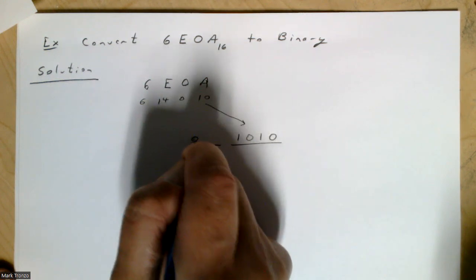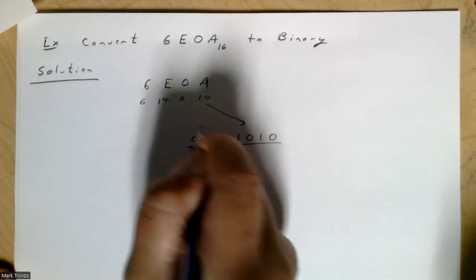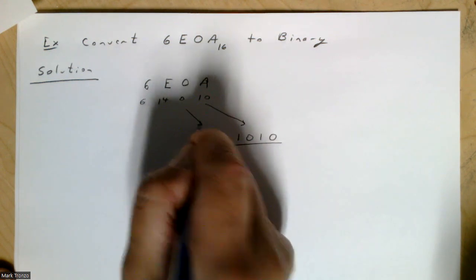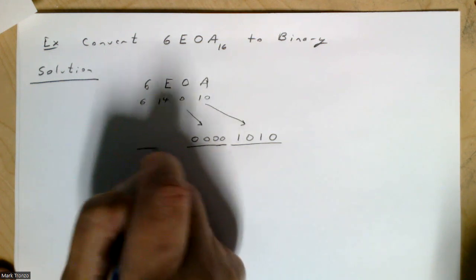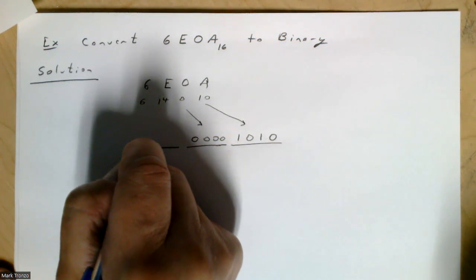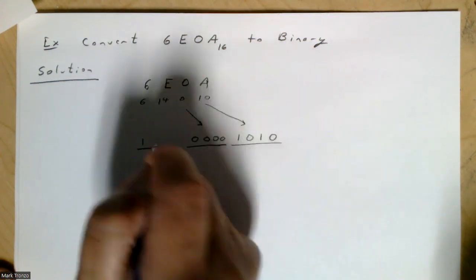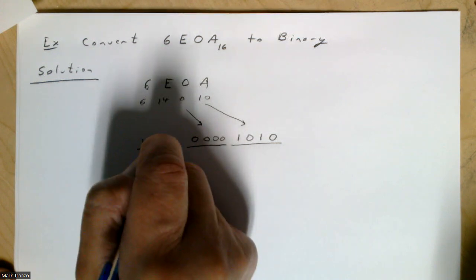So obviously, we just have 4 zeros. Over here, we have 14, which is an 8. And let's see, we're going to need a 4. And we need a 2.